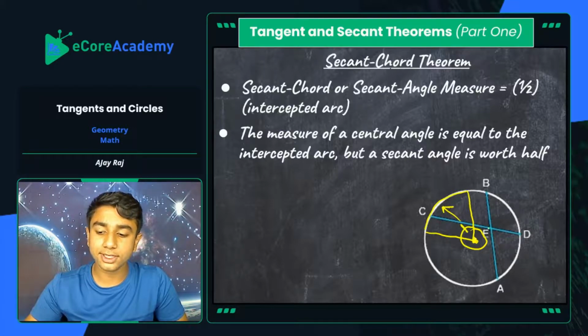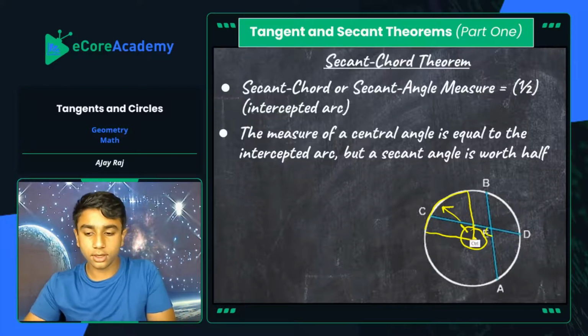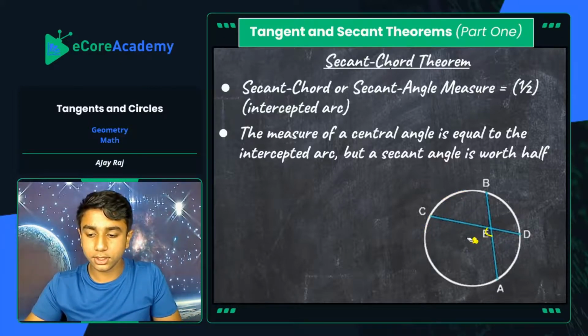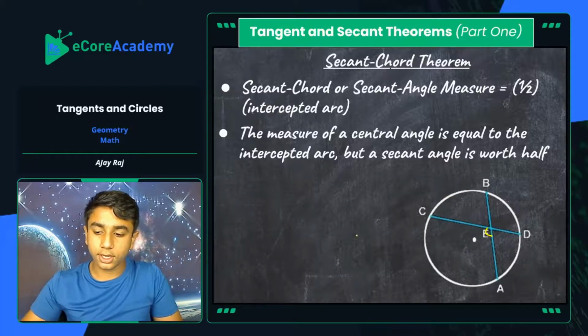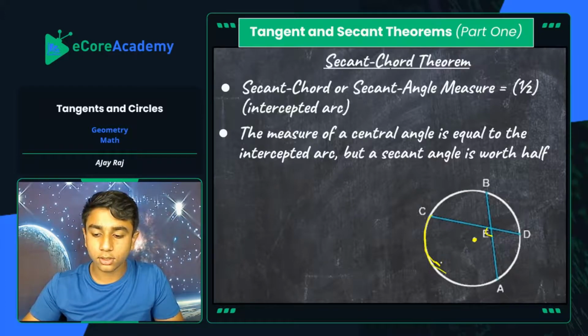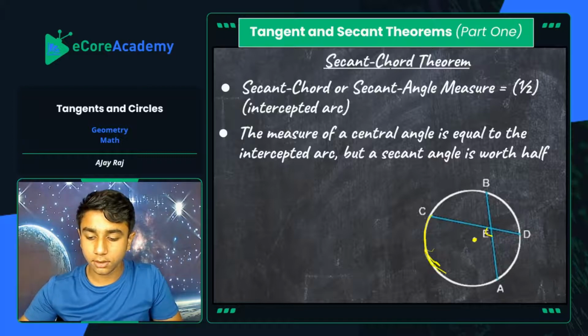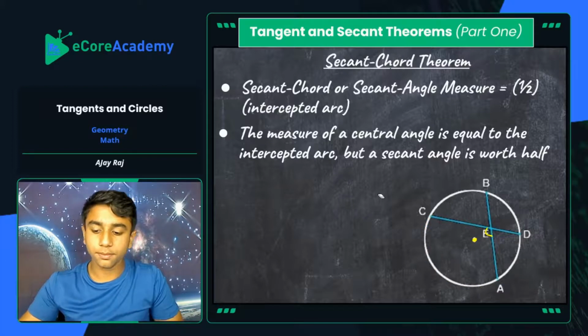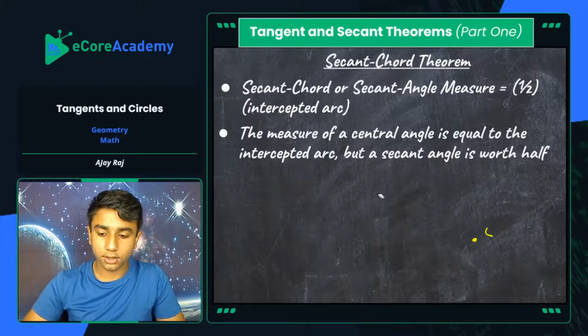However, when you're looking at a secant angle, such as this one with E here, I'll erase this to clear up some space, it's actually going to be worth half of the arc that both of its lines intersect. I'll just highlight this here.